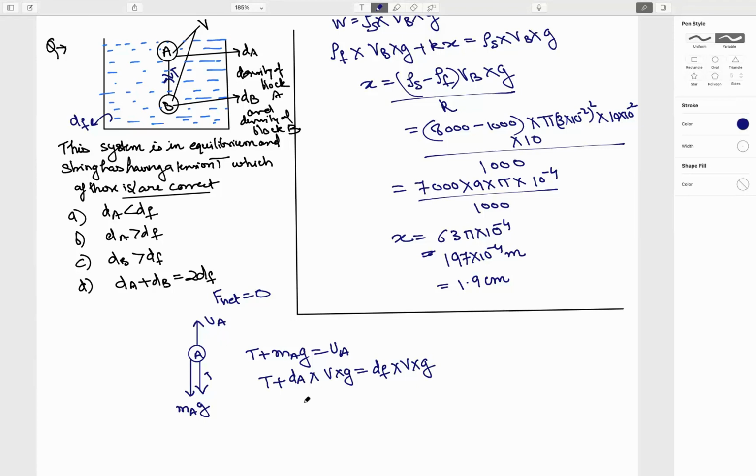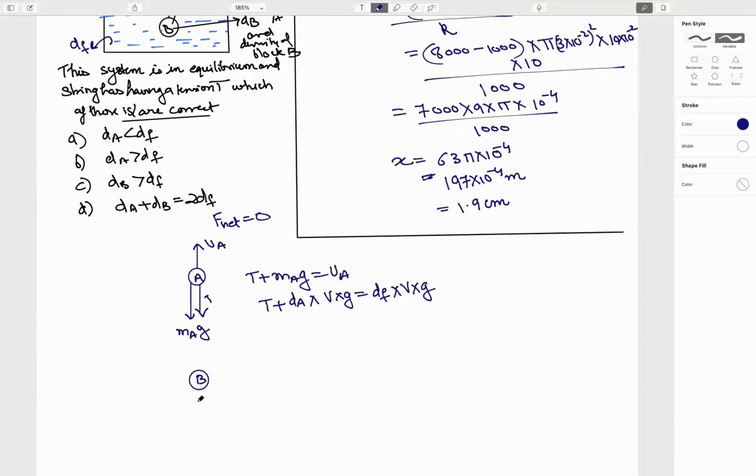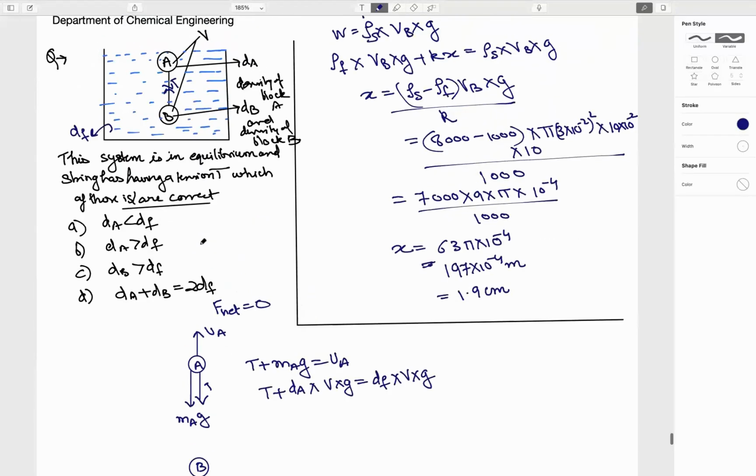So this is the first equation. For the other equation, for block B, don't make this mistake: the direction of T will change.